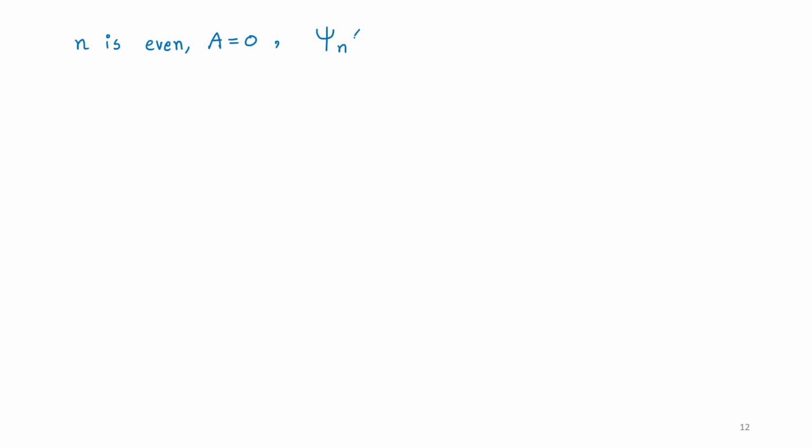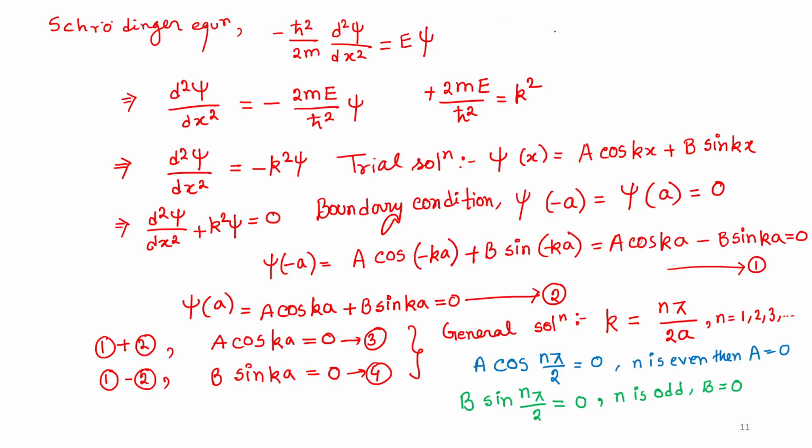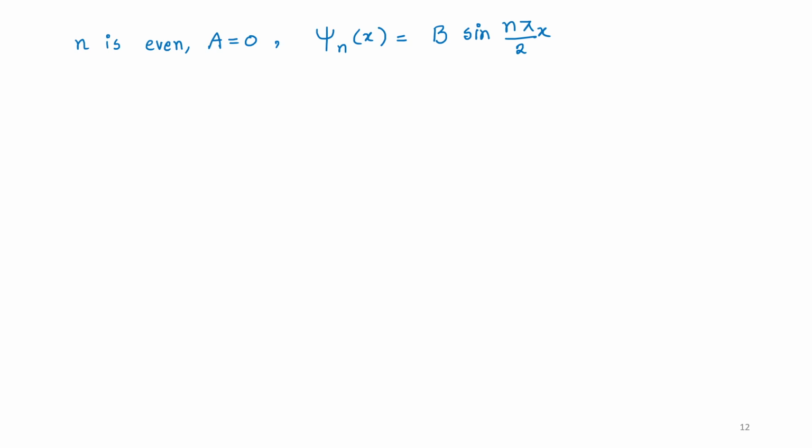Psi n of x is B sine n pi by 2 x, right? Will you agree? Yes. Okay.